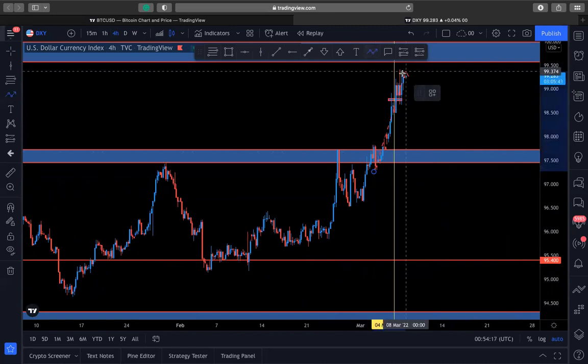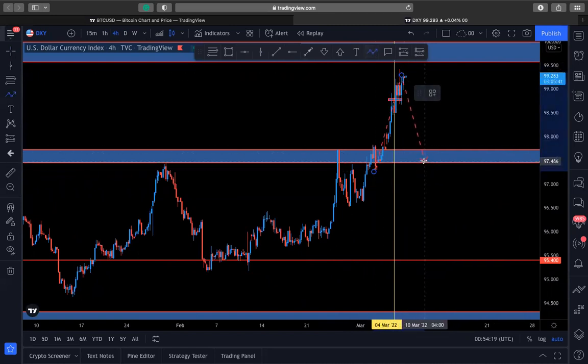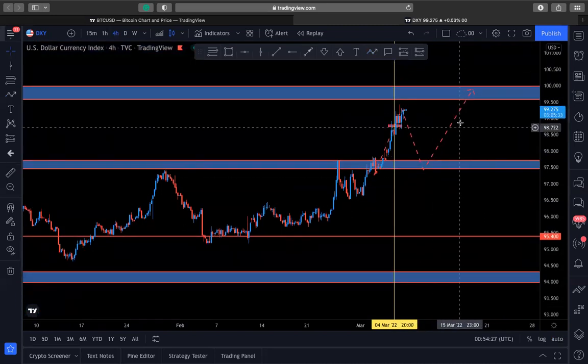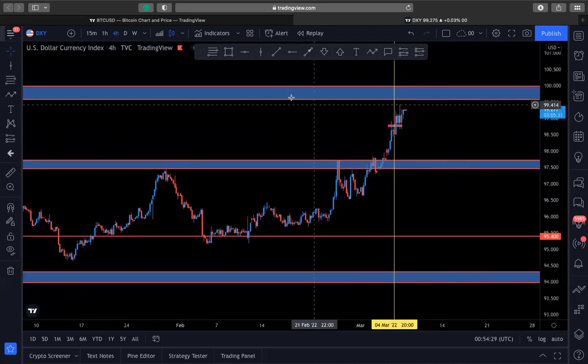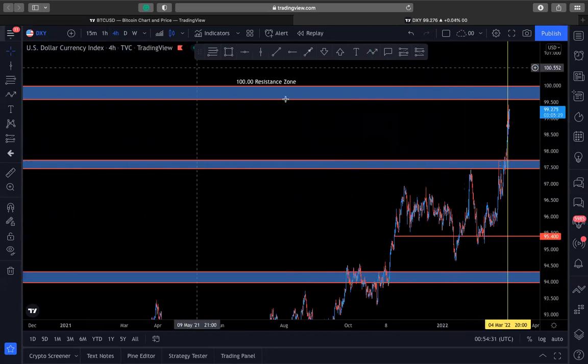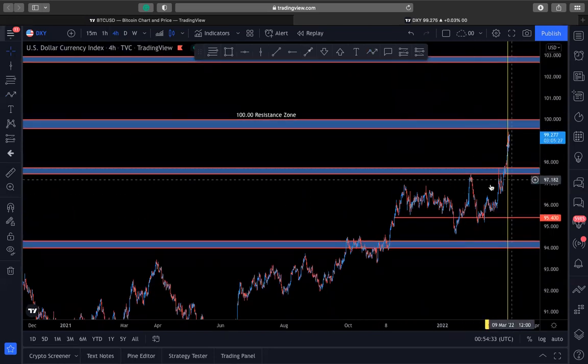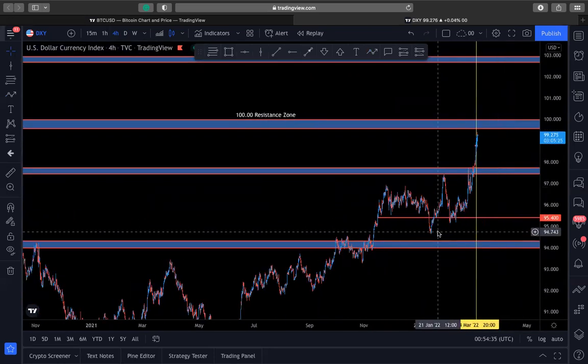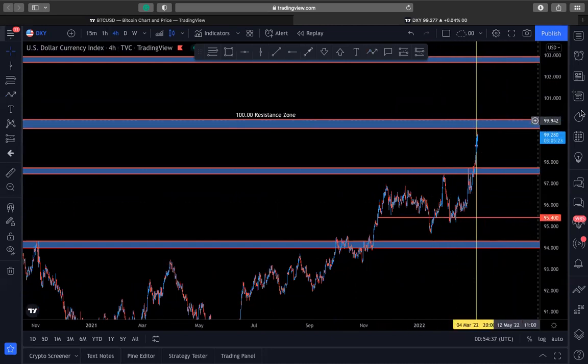So we want to see this break, a retest of this level for a confirmation, using this resistance level as a support. And then we want to see further upside movement to create another higher high. As it looks right now, price looks like instead of instantly retesting, it wants to go ahead and possibly hit this 100 level.